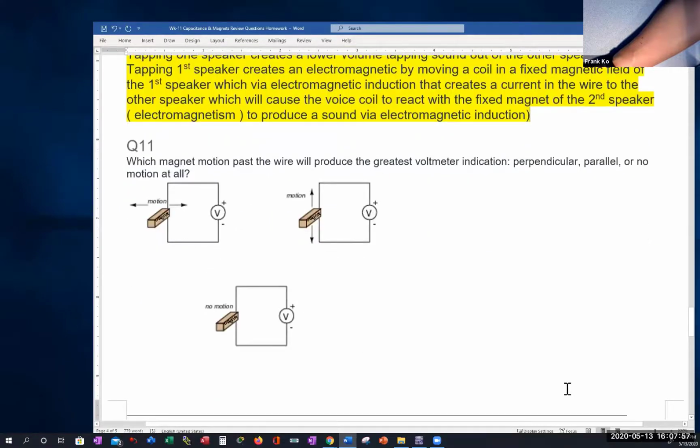And then finally for number 11, which magnet moves past the wire will produce the greatest voltmeter indication? So do we move the magnet perpendicular, parallel, or no motion at all? The first one, I believe.